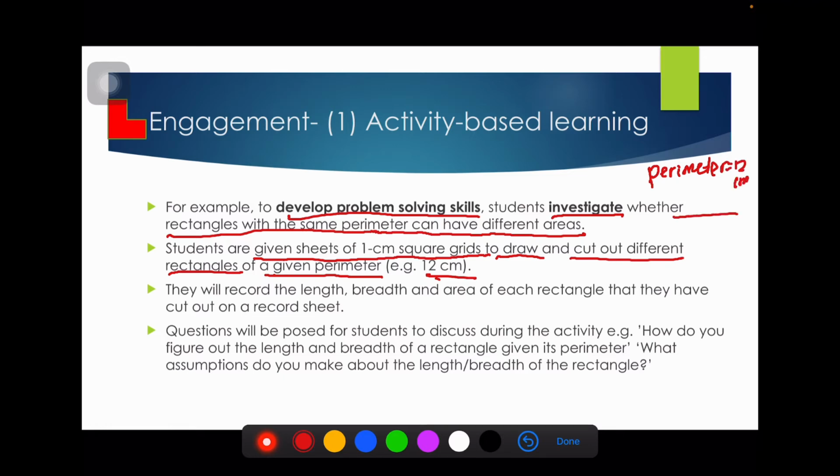You give them graph paper, where each side is 1 cm, this side is also 1 cm. Since it's 1 cm and 1 cm, they can draw the perimeter for 12 cm.